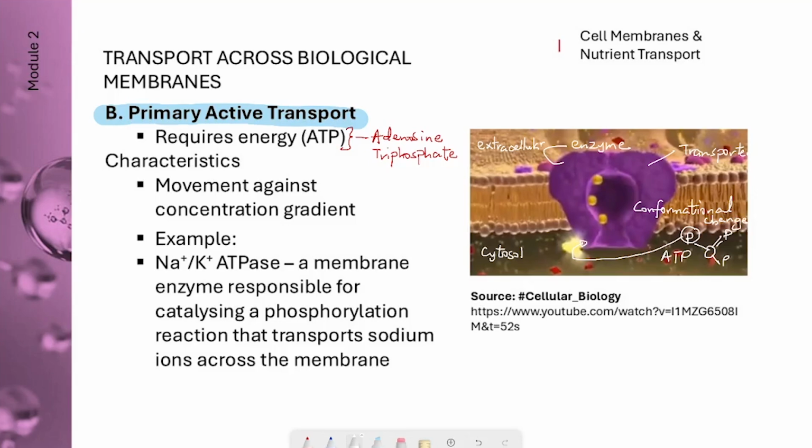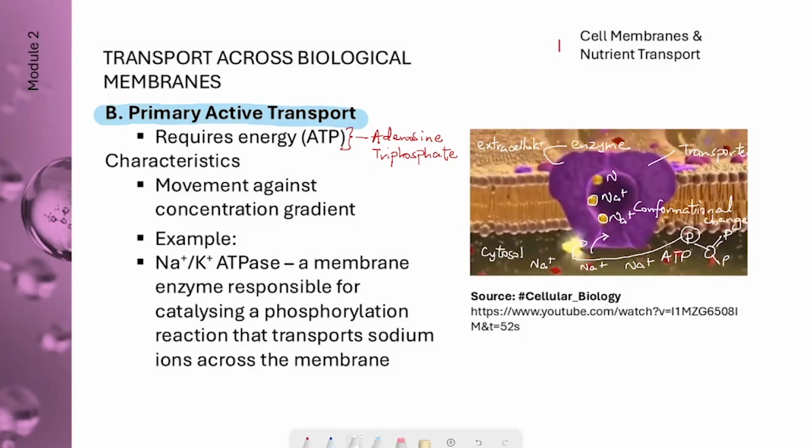A conformational change is induced in the enzyme, and as a result, this conformational change leads to the movement of sodium in the cytosol. You can see all these balls, they are represented as sodium.